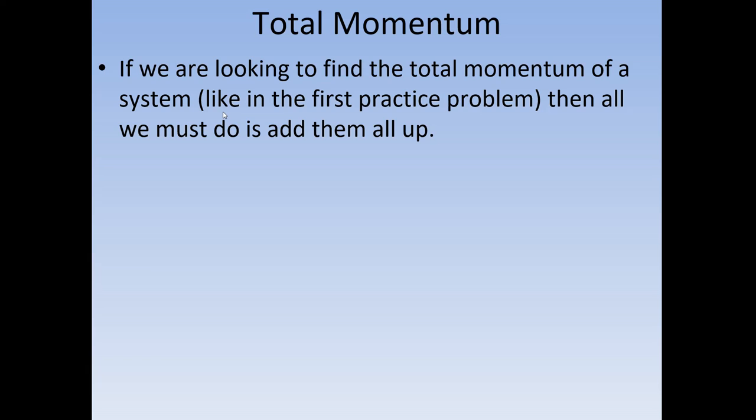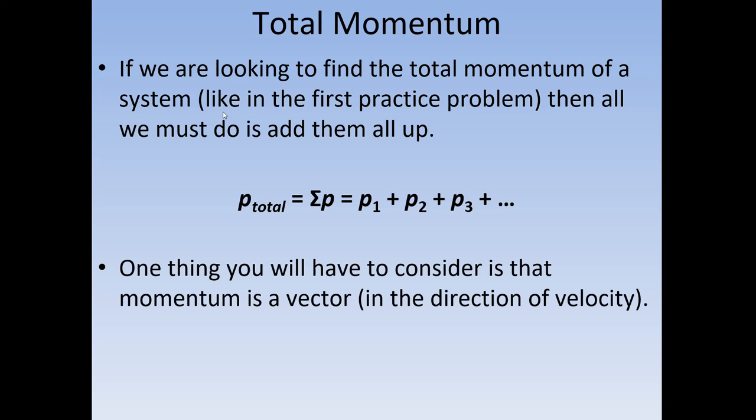So when we do this, we're going to add up all the momentums. If I want the total momentum of the system, it really is just the momentum of each object added together. Now, the important thing to note, though, is that momentum is a vector.